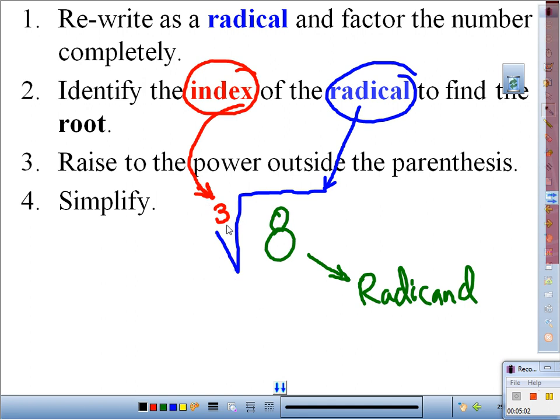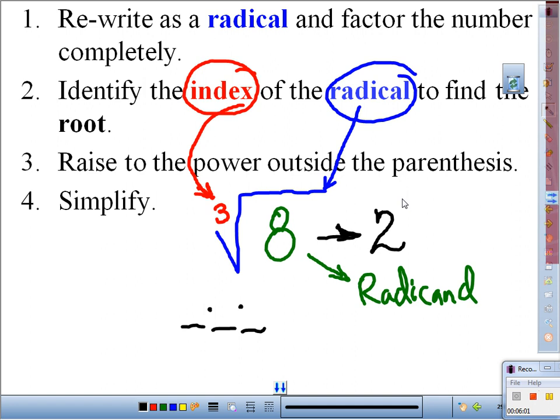So here goes the question. How many times does the number have to multiply itself? 3 times. What number multiplied by itself 3 times gives me the radicand 8? Tell your neighbor, please. The correct answer is 2. 2 times 2 times 2 is 8.